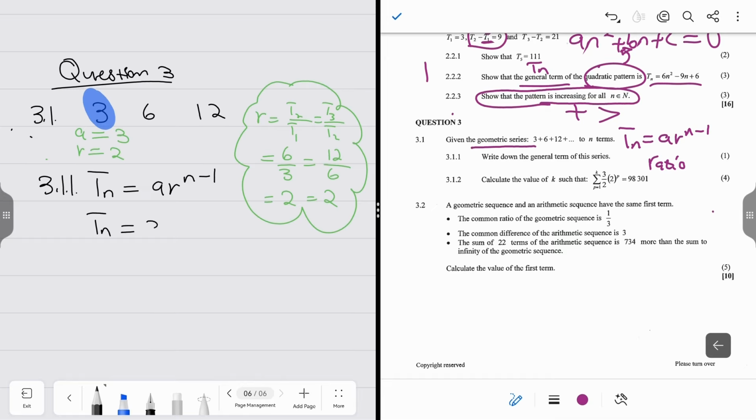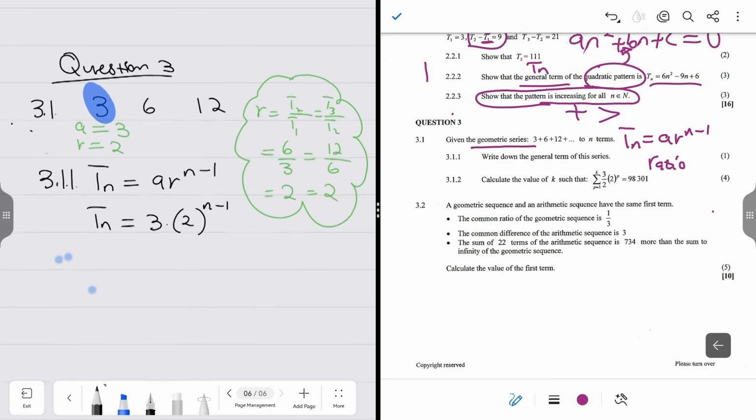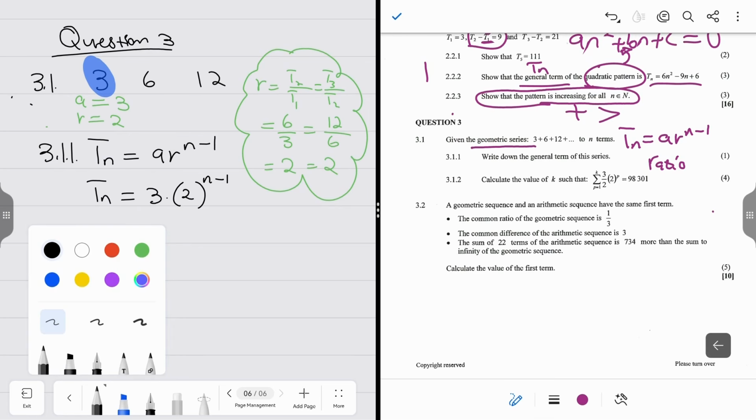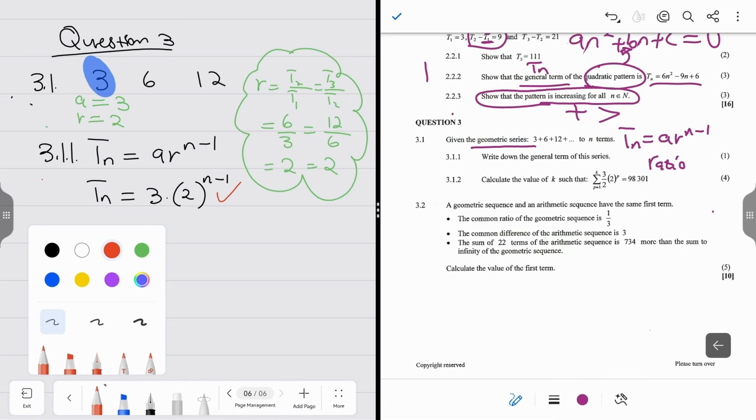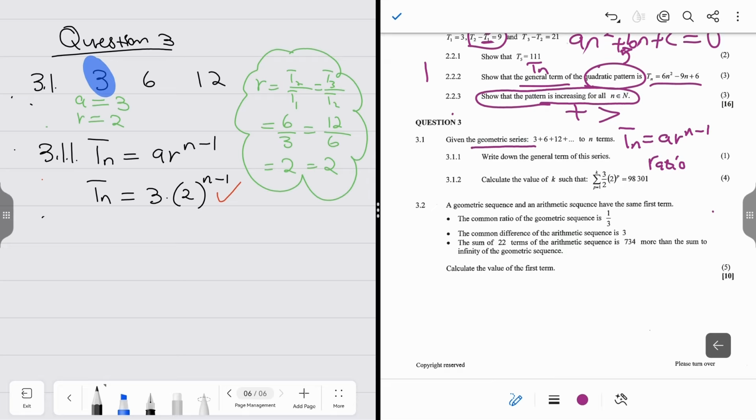I'm going to have 3 multiplied by, usually I like r to be in a bracket because if you have a negative, it gets affected. You see how easy it is? When you have done your analysis, it's very easy to just collect the fruit hanging marks, right?